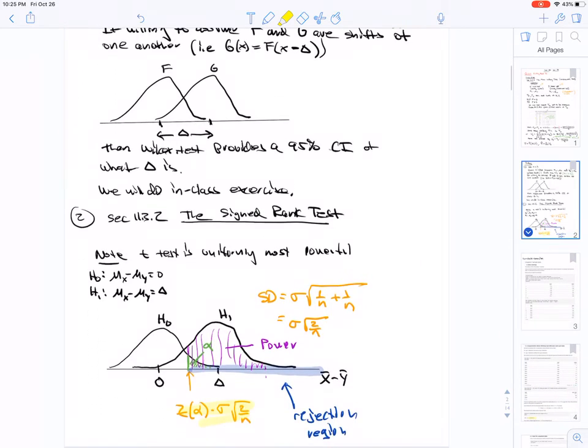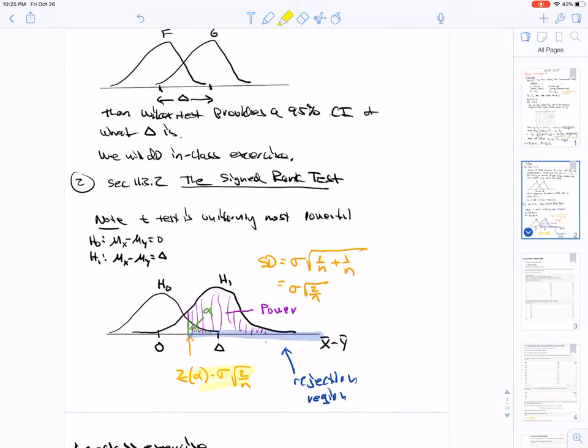So we'll do an in-class exercise, and then we'll discuss the signed rank test, which is sort of the paired analog of the Mann-Whitney test.